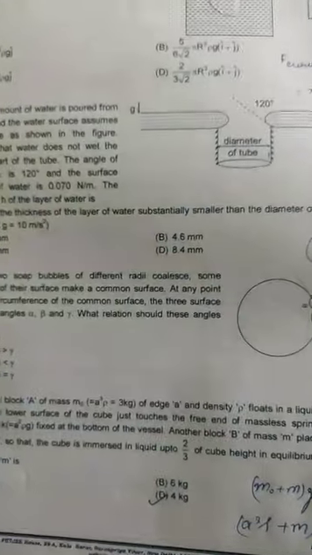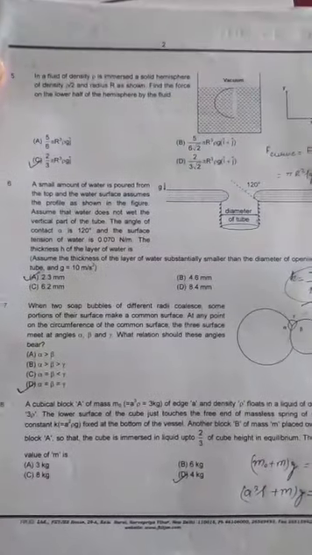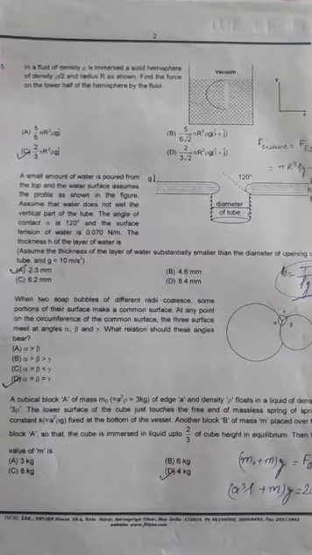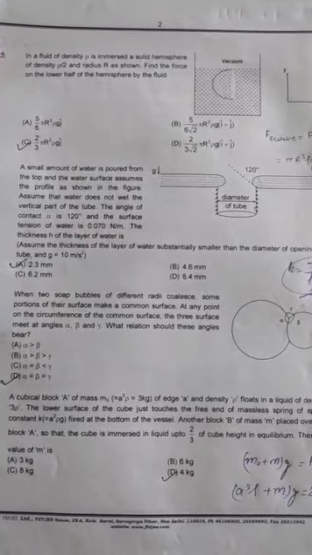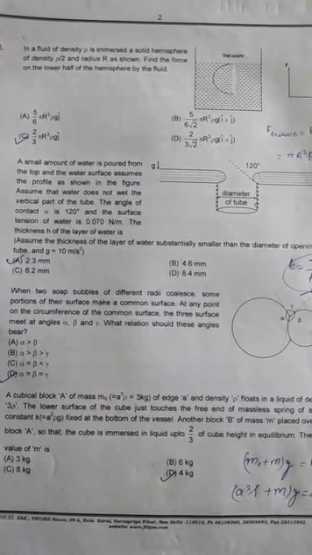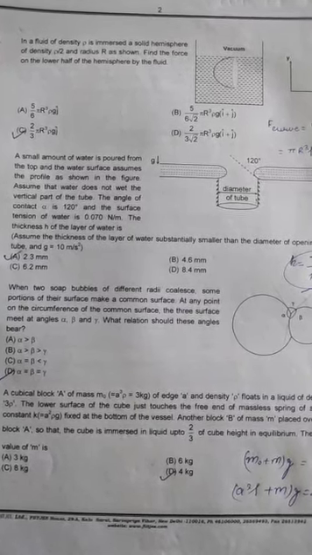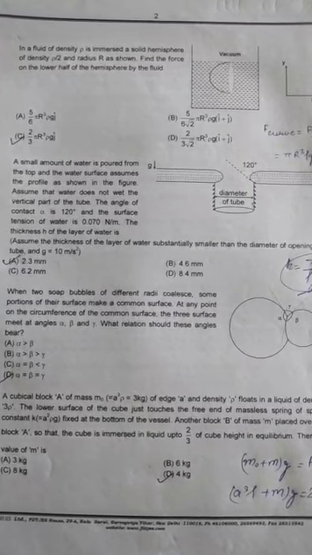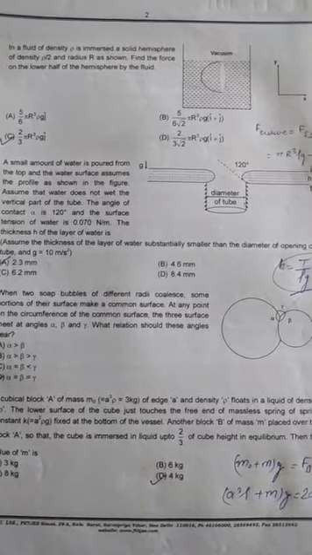Now the next one is like a fluid of density rho in which a solid hemisphere of density rho by 2 and radius r is immersed. We have to find the force on the lower half of the hemisphere by the fluid.